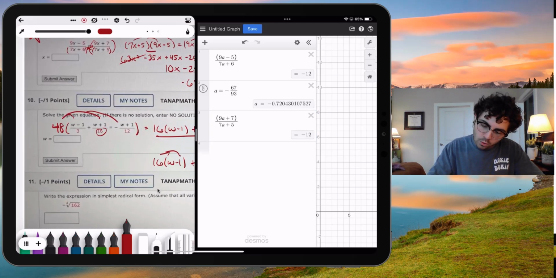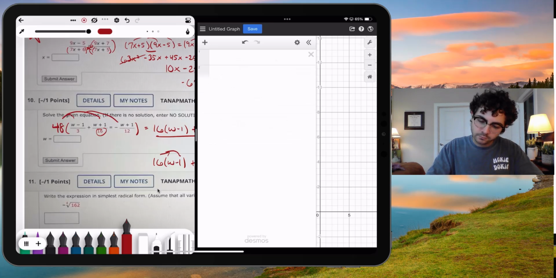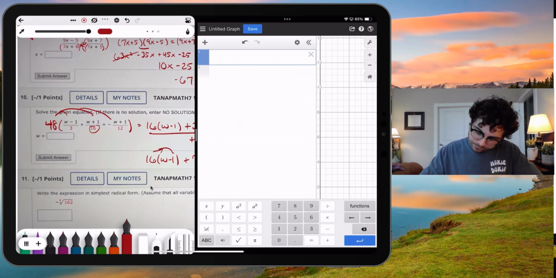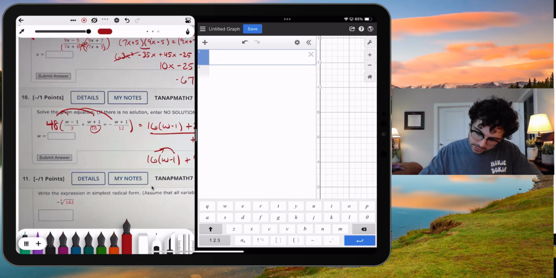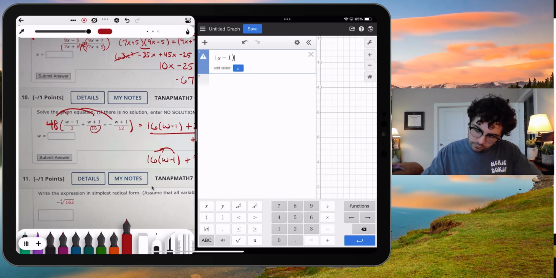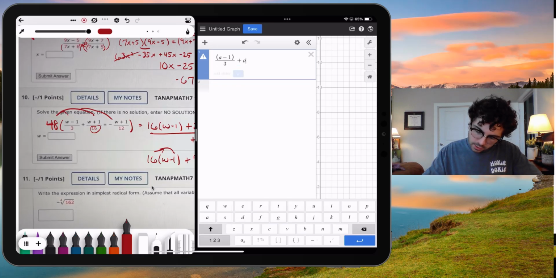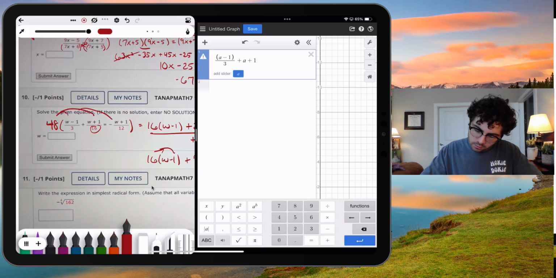So I'm going to go w minus 1. So I'm going to do, I guess, a minus 1 over 3 and plus a plus 1, but that part is going to be over 16. Add a slider.